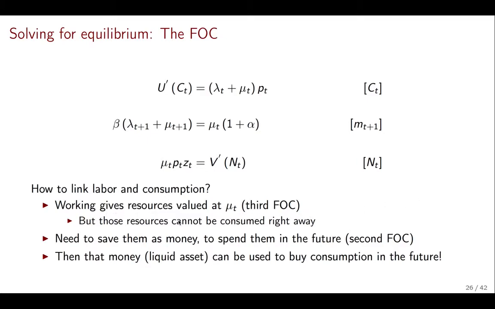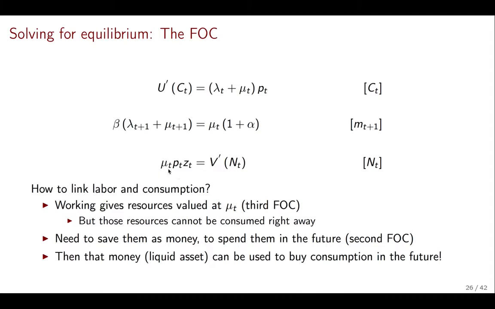Well, working gives you resources. Those resources are valued at mu t. So working gives you pt times zt resources, and those resources go into the budget constraint. They are valued with mu t. That's going to be the multiplier of the budget constraint. But you cannot use those resources to consume right away, because in order to consume before you got paid, you needed to consume out of your cash in hand.